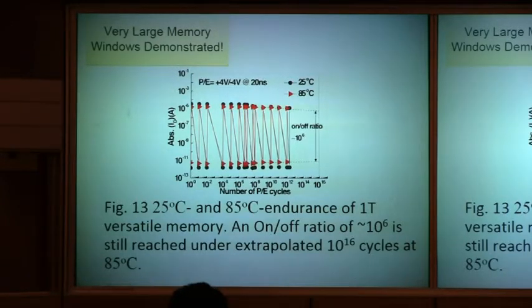That means the memory can sustain infinity. Don't die out. So this is another interesting thing we have demonstrated, even at the temperature of 85.